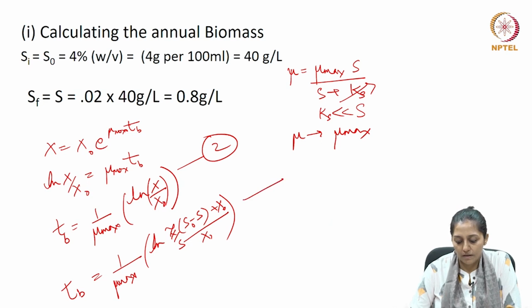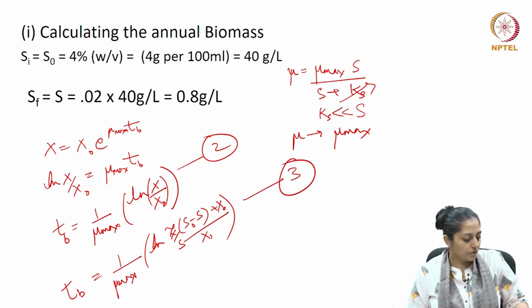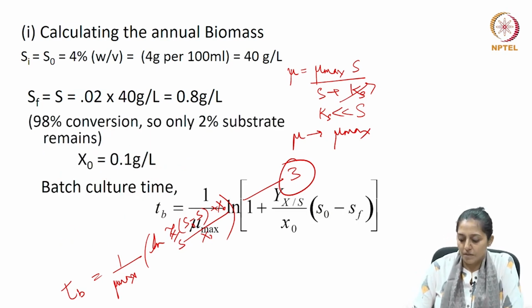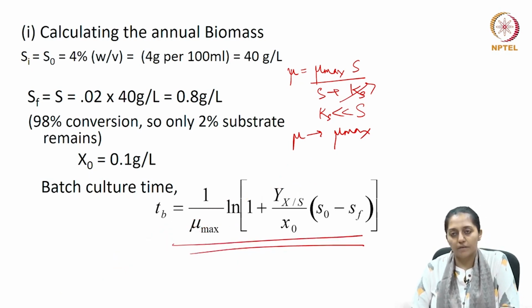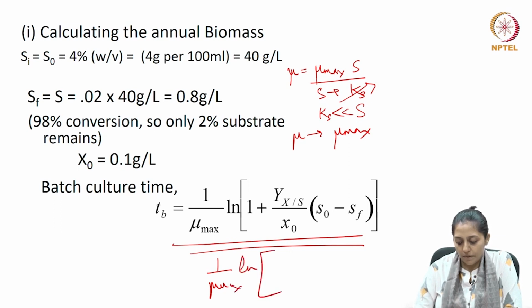So, everything is solvable. This becomes your batch time. This is what is given, as well as this equation. If you expand this, you will reach where we were.